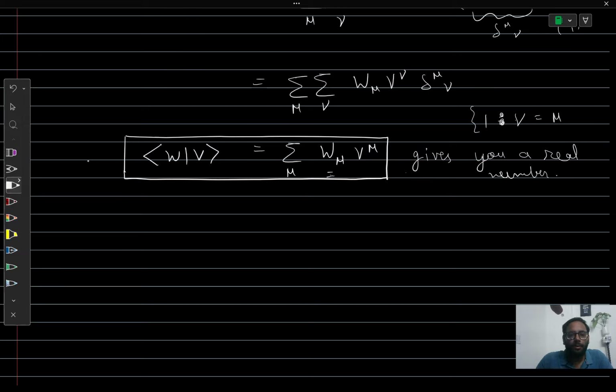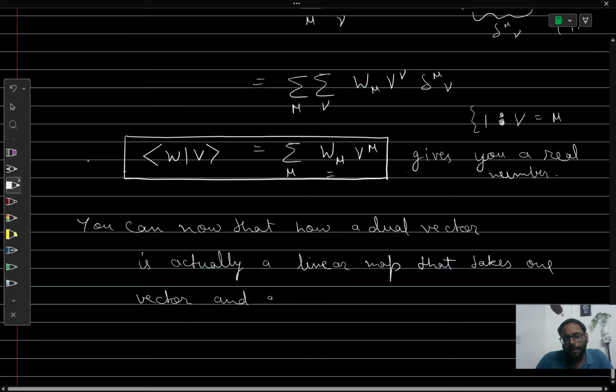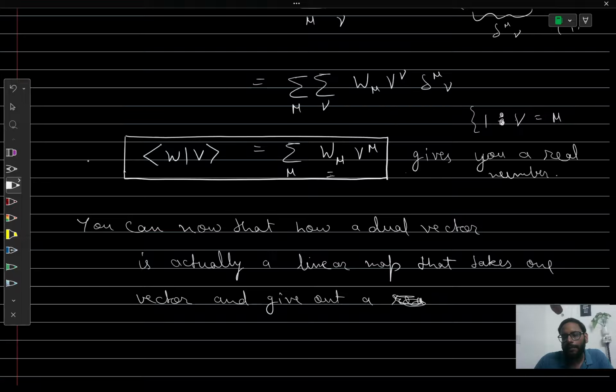So you can see now how a dual vector is actually a linear map that takes one vector and gives out a real number, or, if your field is the complex numbers, then it will give you a complex number. So better we should write it as a scalar.